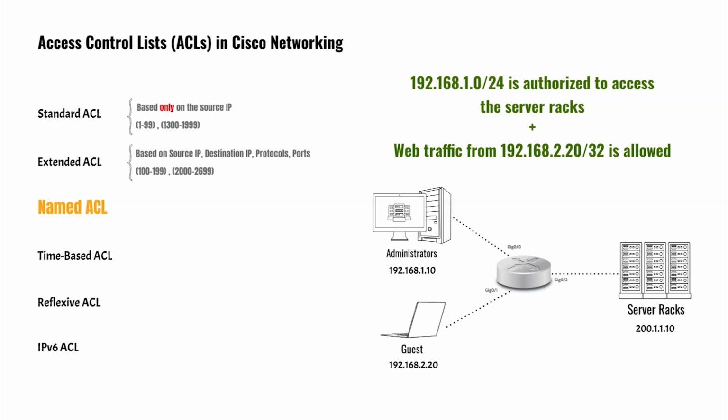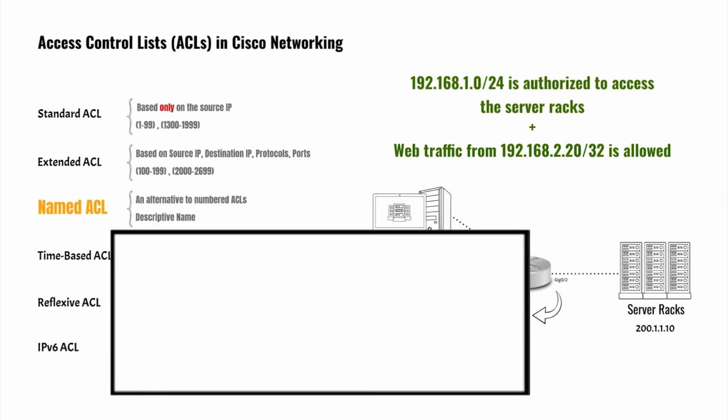The next type of access control list is the Named ACL, an alternative to numbered access control lists in Cisco routers. Named ACLs offer a more intuitive and flexible approach to managing access rules by using descriptive names, making them easier to understand and modify. They support both standard and extended ACL configurations, enhancing network security and administration.